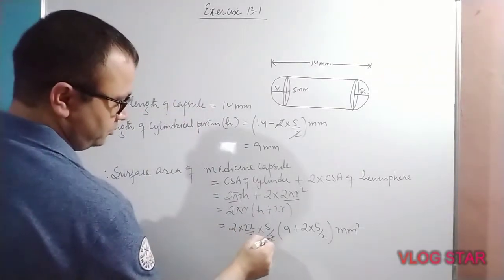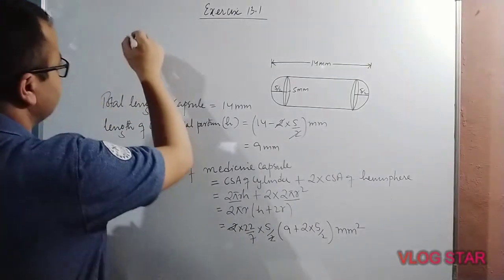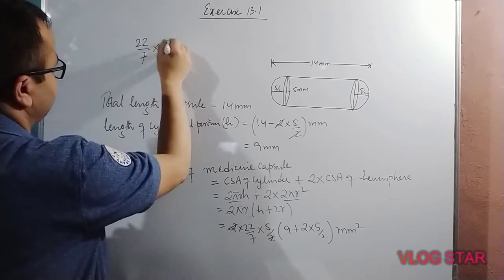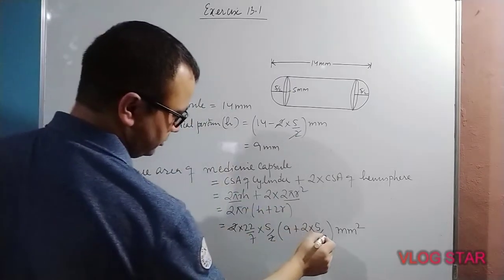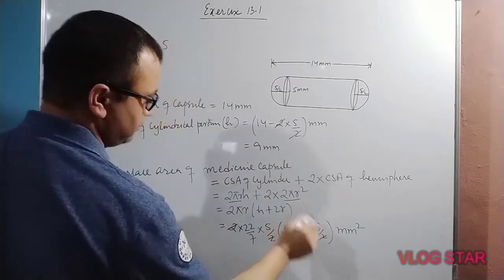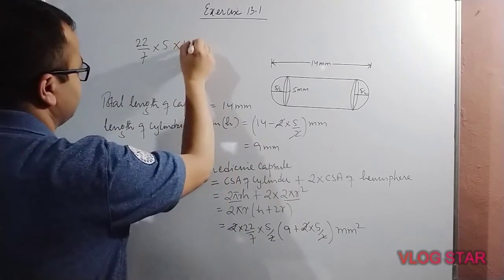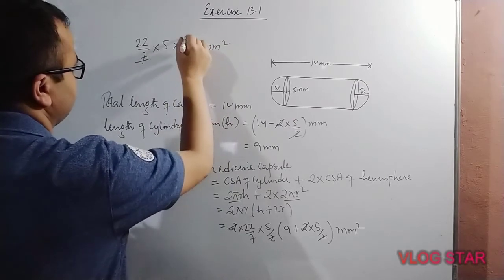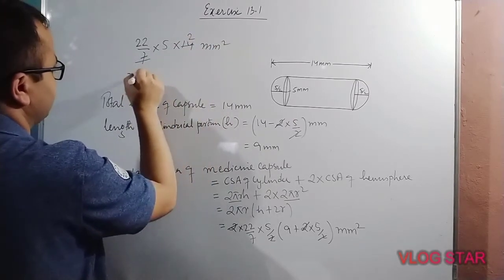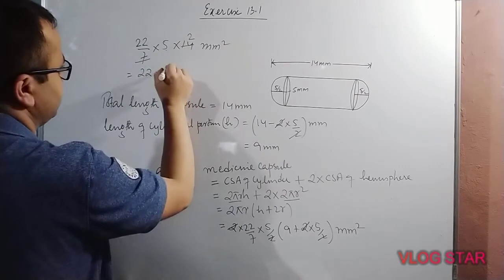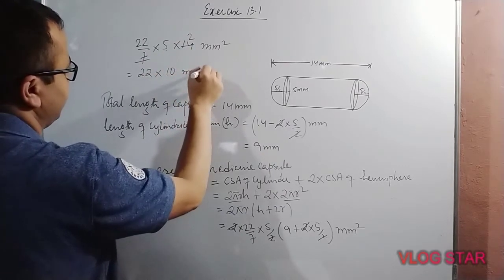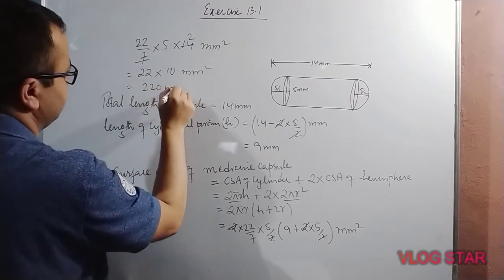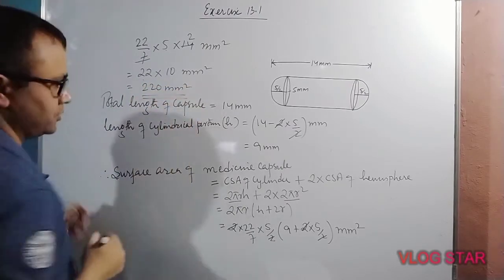So we can cut 2 from here, so it is 22/7 into 5, and here also 2 to cut. 9 plus 5 is 14, into 14 millimeter square. 7 into 14 is 2, so 22 into 2 into 5 is 10, millimeter square. So this equals 22 into 10 is 220 millimeter square. Now this is the answer of question number 6.